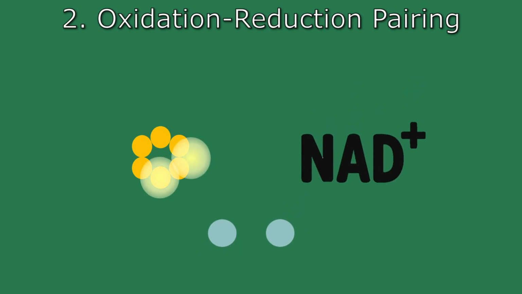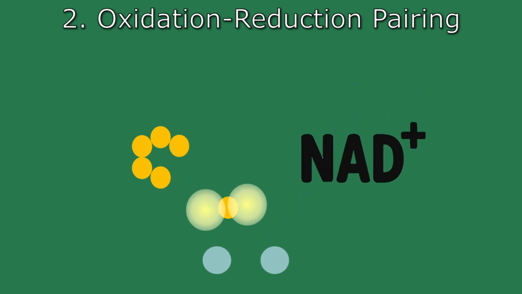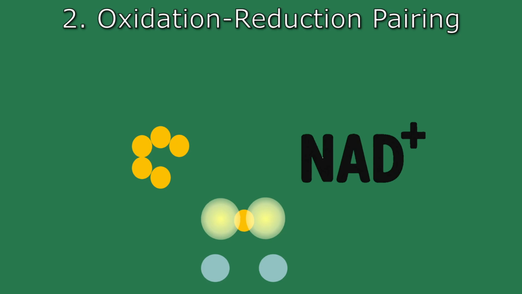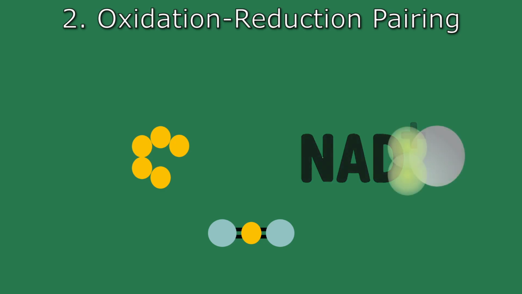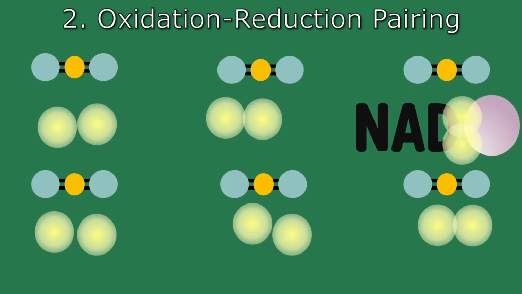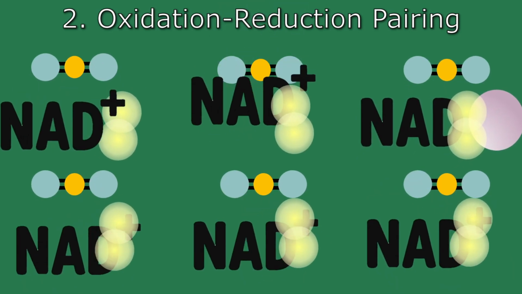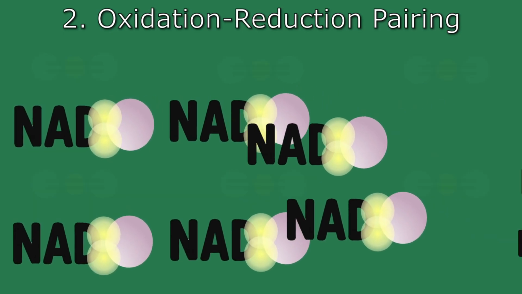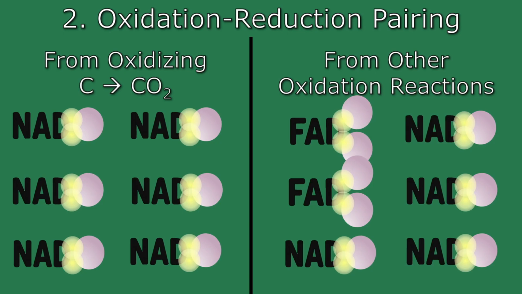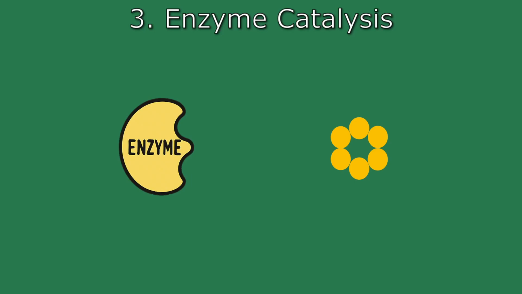NAD+ is reduced only when a molecule is oxidized, often carbon from glucose to CO2, providing electrons to make NADH. So each CO2 released yields one NADH. Central metabolism produces one NADH for each of the 6 carbons released as CO2, but 4 additional NADH and 2 FADH2 also form from oxidations that don't produce CO2.